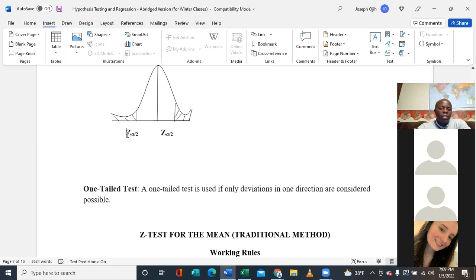And this one, because it is on the left side, it's negative. This on the right side is positive.